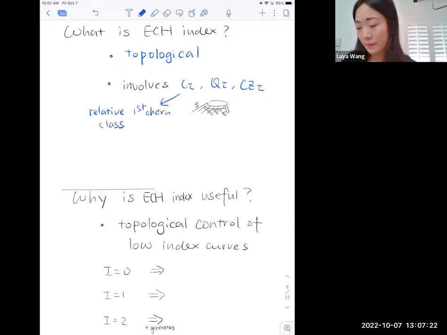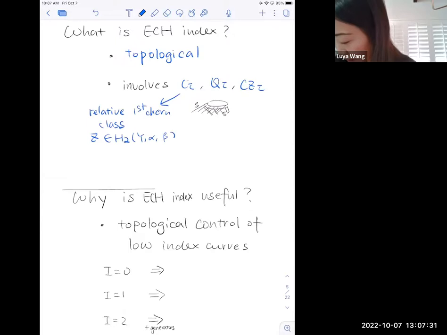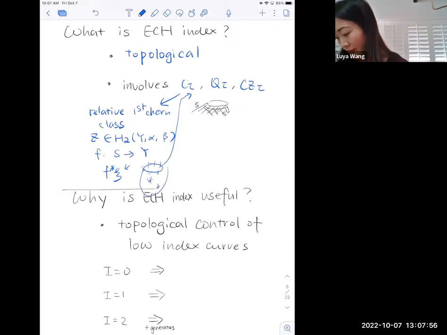So roughly speaking, given a relative second homology class, I find a representative and I pull back my contact structure using this representative, and I pick a generic section of this that's non-zero and non-winding with respect to the trivialization, and I can just count the number of zeros inside.